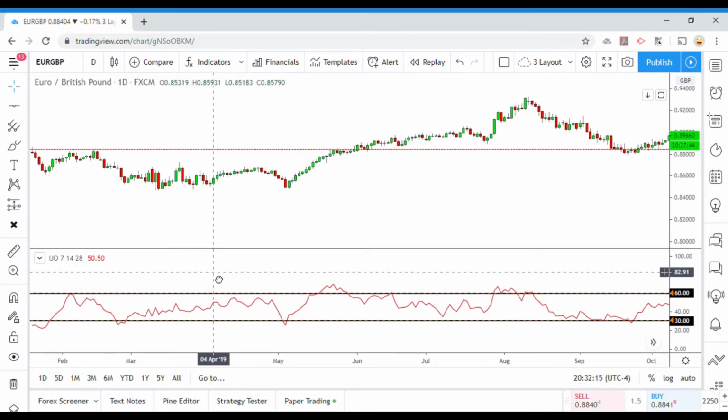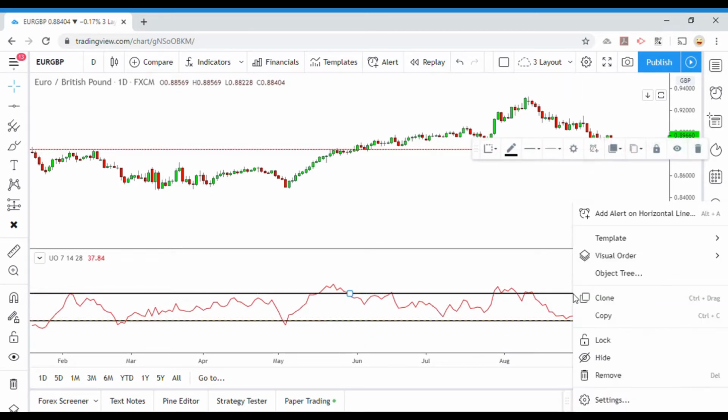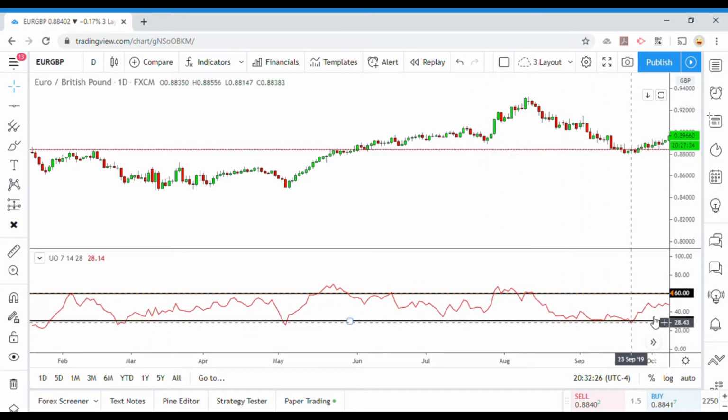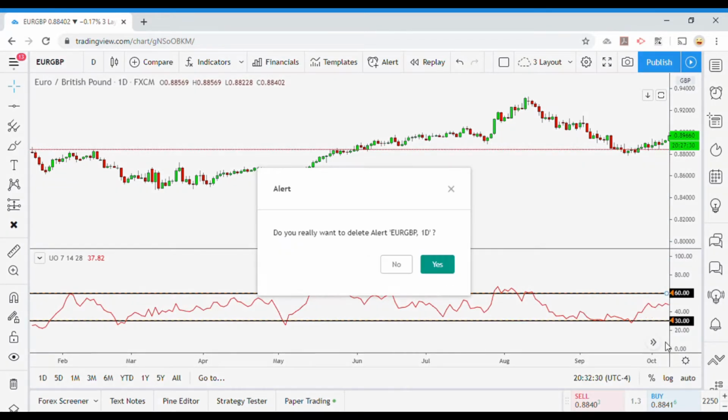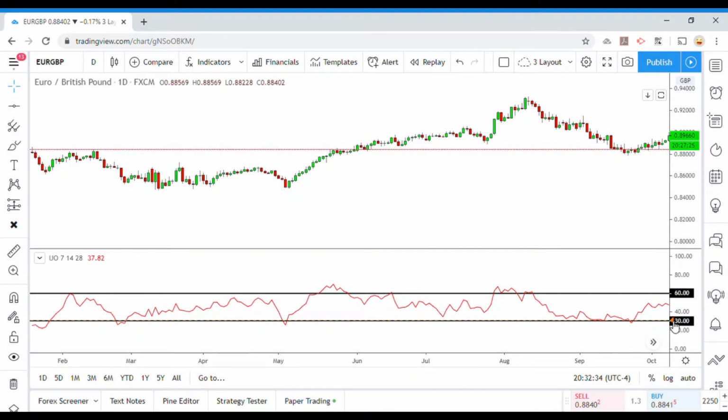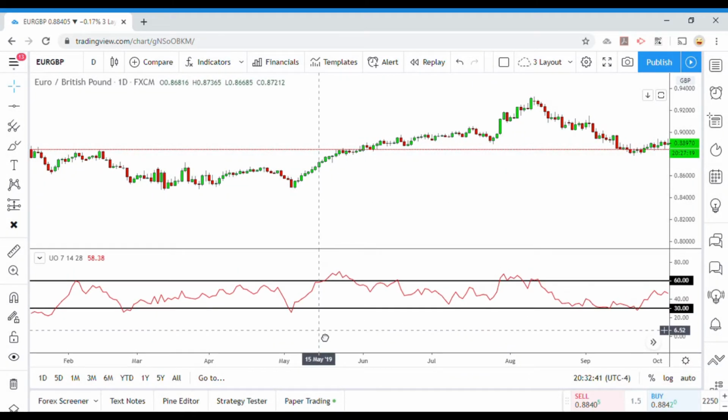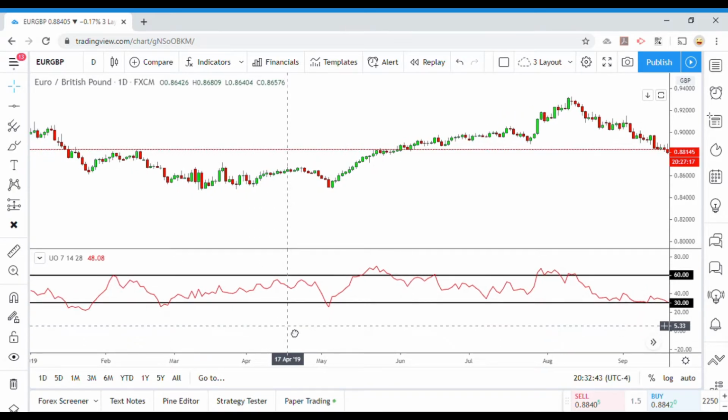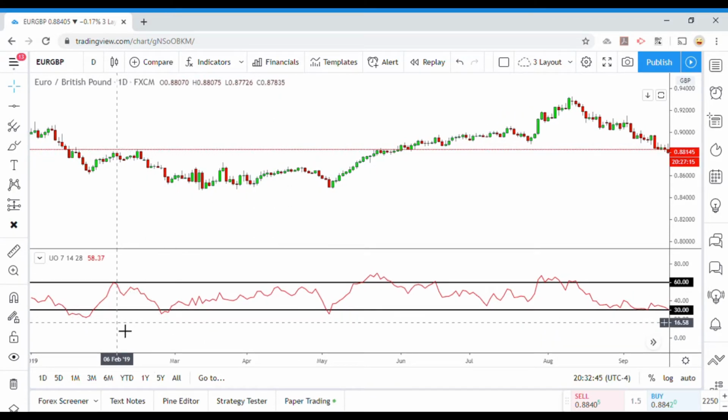You will sometimes get results here. What did it just do? For some reason, it looks like it created an alert when I created those lines. We don't want that. Okay, there we go.